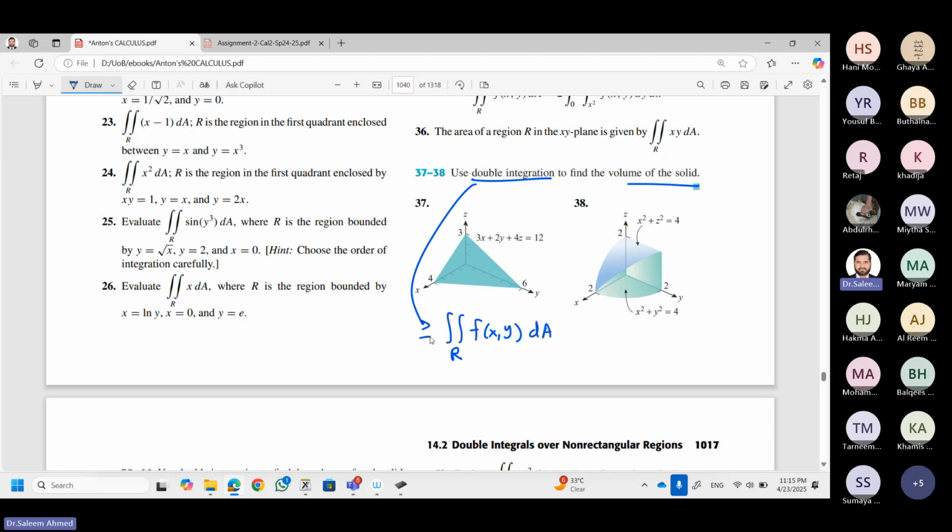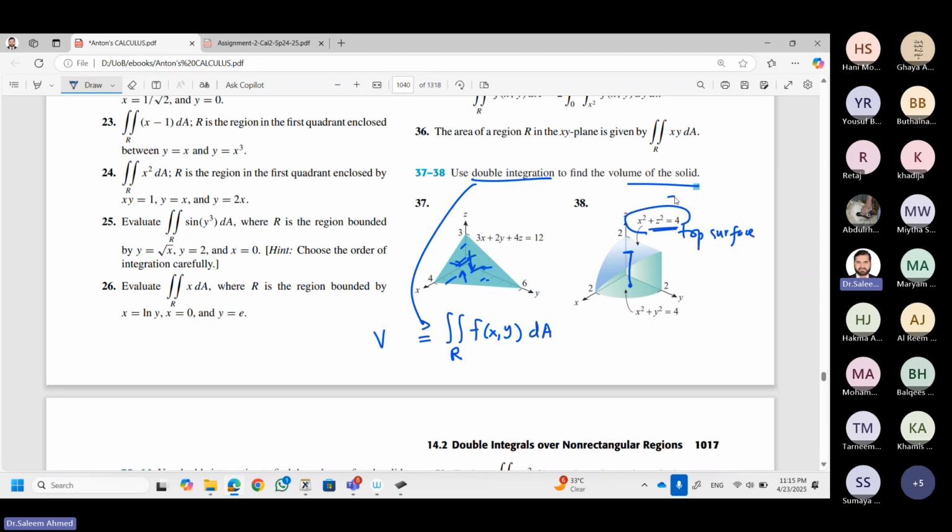If you integrate a surface, this gives you the volume under the surface, above the xy plane and within the region. So this is a tetrahedron type thing. Here, you start from the bottom to the top one. So that is your top surface, and you will integrate this surface.